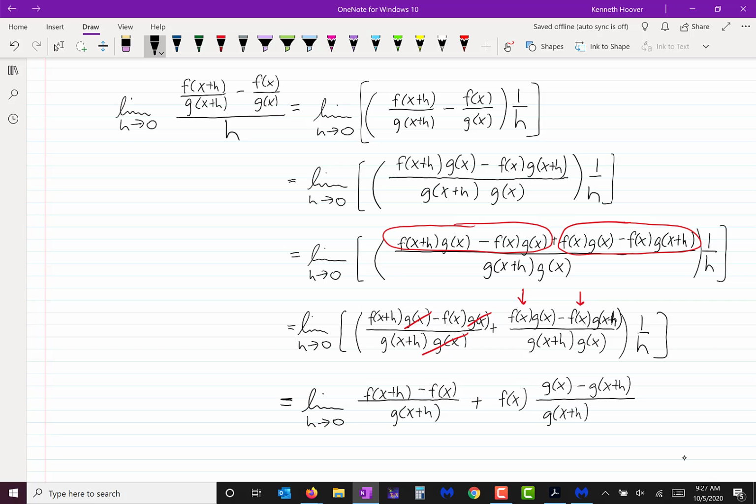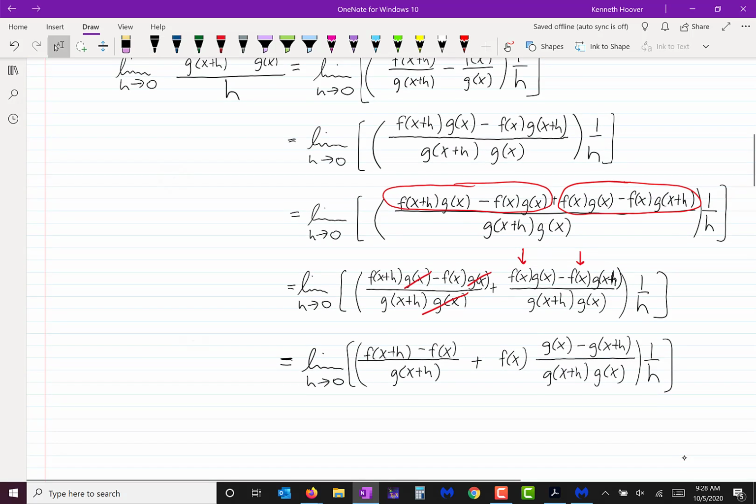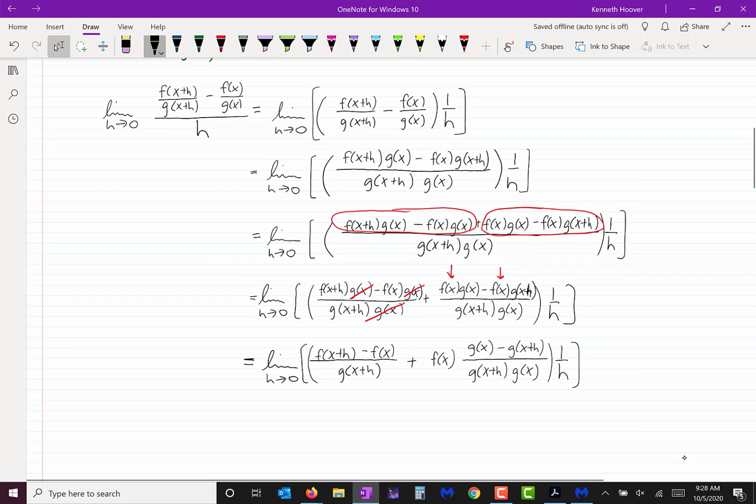It might look like things will cancel out here with these g's, but look closely and you'll see that they don't. Okay, and now just a couple of more little manipulations here, and then we'll see a formula.